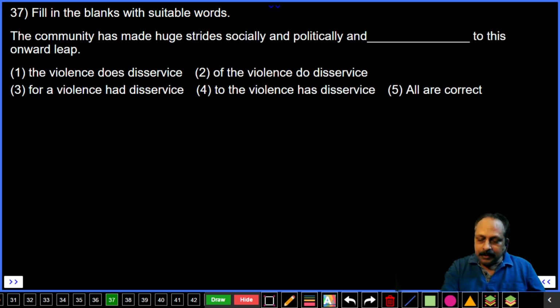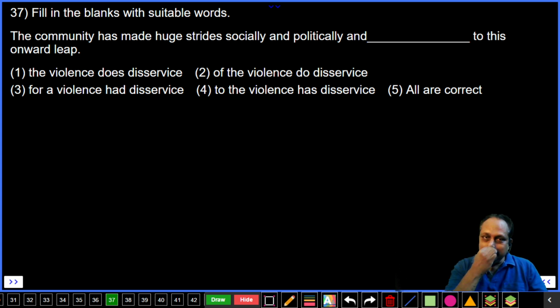Question number 37. A bit difficult to make out. Context is not very clear. The community has made huge strides socially and politically, and to this onward leap. Here, many of these questions, grammar knowledge helps. The violence does disservice.